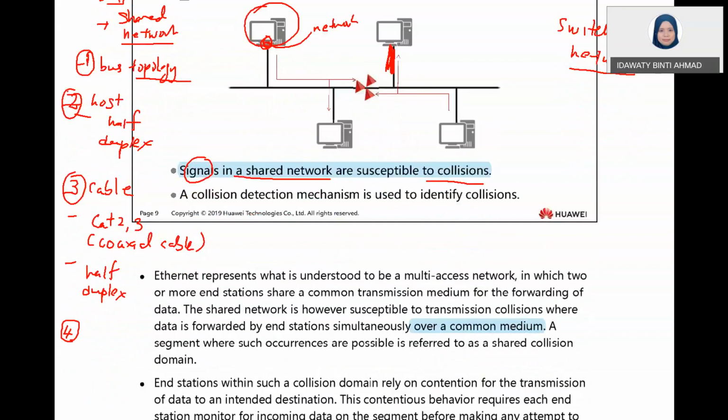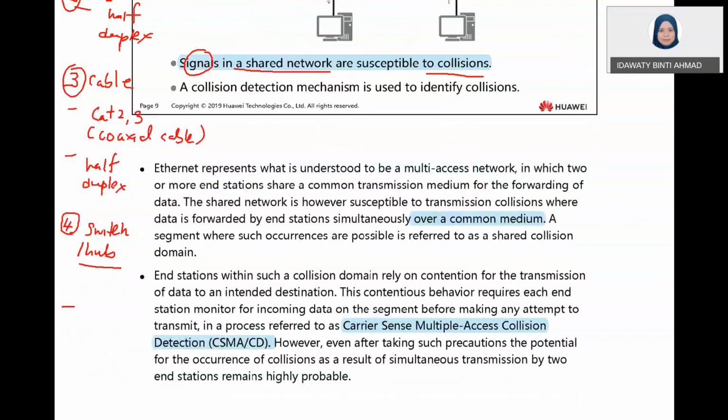whether it is a switch or hub. If you use a hub, then the signal can collide because it is half duplex. Why?